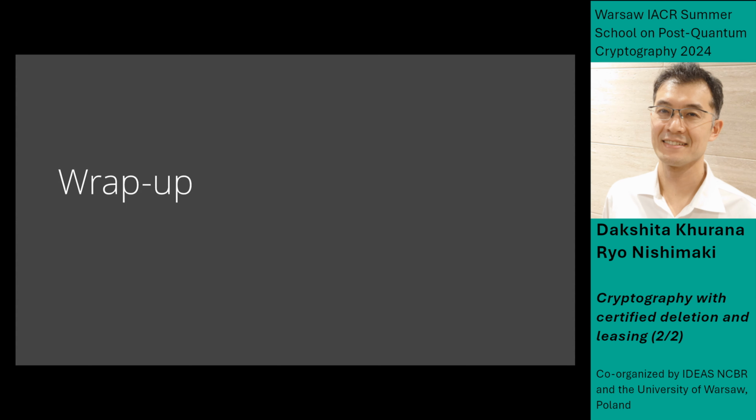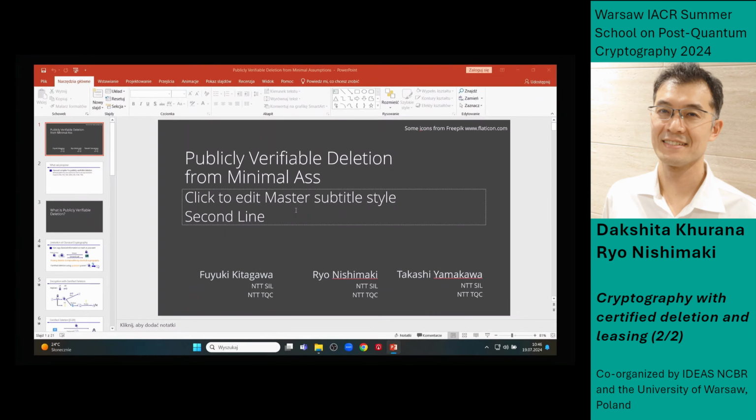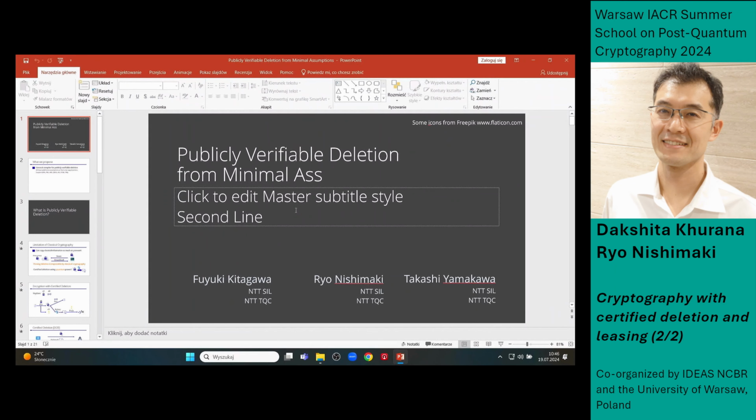So we can achieve publicly verifiable deletion from minimal assumptions, because we want to apply it to public key encryption or some other encryption scheme. Okay, so that's it.